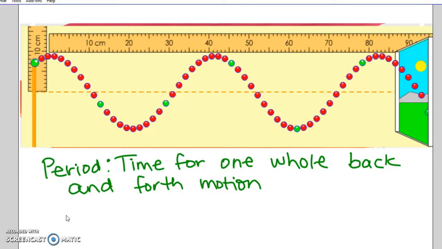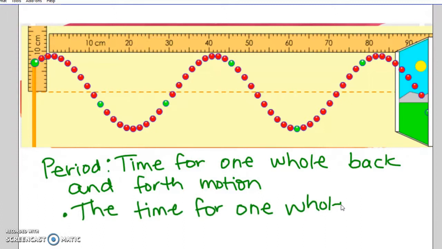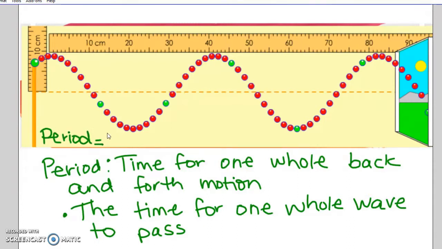You can think of this also as the time for one whole wave to pass. So maybe my period is 3 seconds. So it takes 3 seconds for this whole wave to pass.